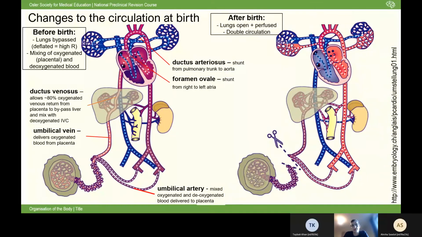Now, after birth, after circulation is not something we want to think about. So after birth, with your first breath, your lungs open. There is a significant drop in peripheral resistance in the pulmonary circulation, and suddenly the lungs begin to be perfused.